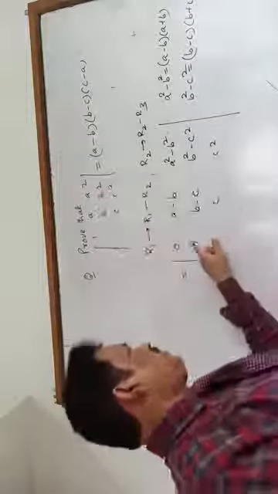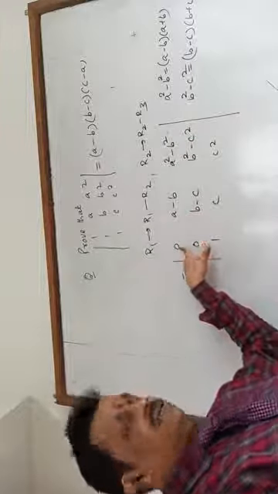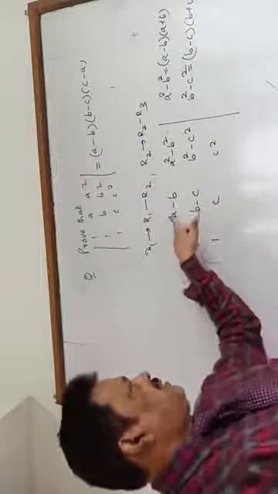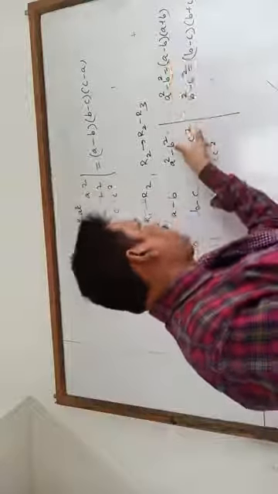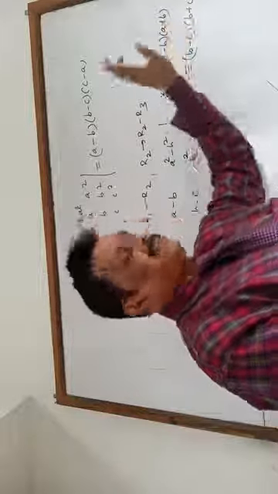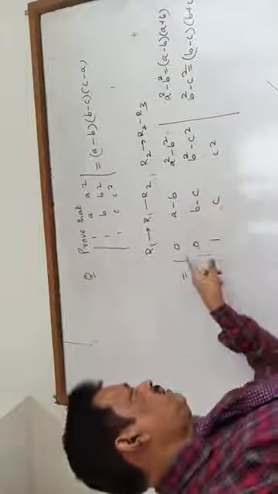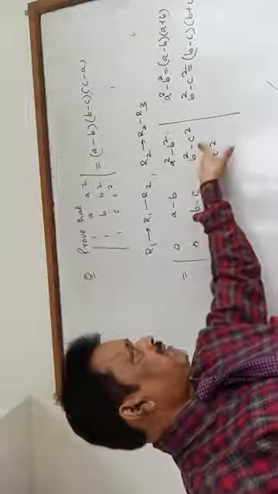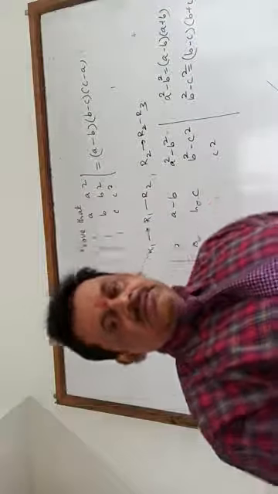That means from this row 1, from 0 you can take anything common. So a minus b can be taken from here, from here, from here. What will be left out here is a plus b. From row 2, you can take b minus c, b minus c, b minus c. Because b minus c is here, the remaining will be b plus c.